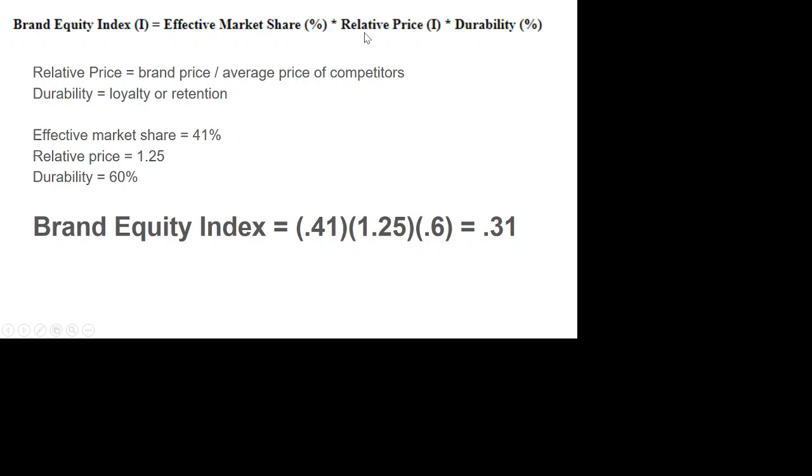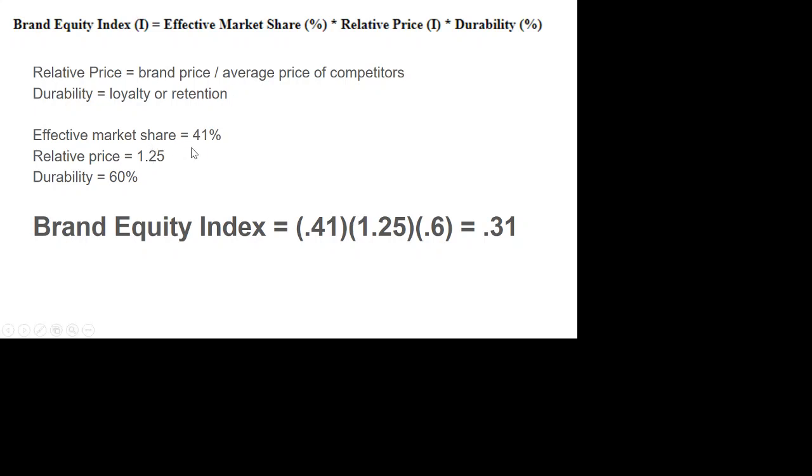Okay. Now, I didn't indicate it up here, but the relative price formula is just, like it says there, your brand price divided by the average price of the competitors. So if your brand, for example, was $2.50 and the average competitor's price was $2, you would do 2.5 divided by 2, and that gives you this relative price of 1.25. And keep in mind that the relative price number is not a price itself. You wouldn't put a dollar sign in front of it.